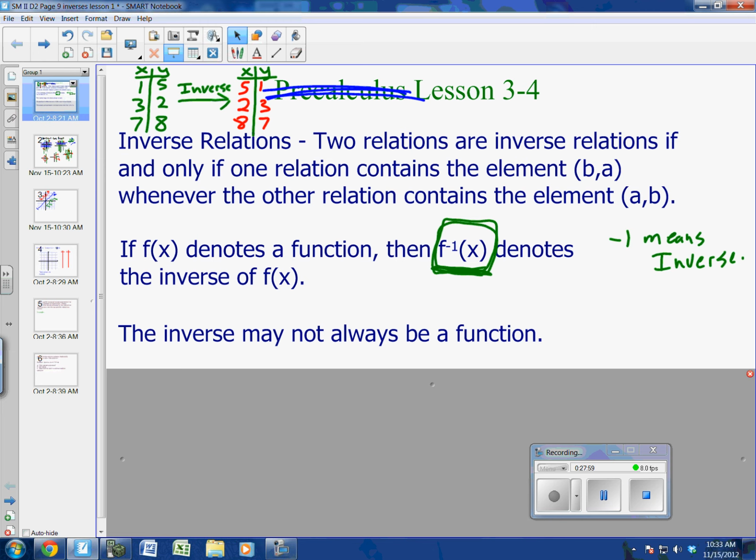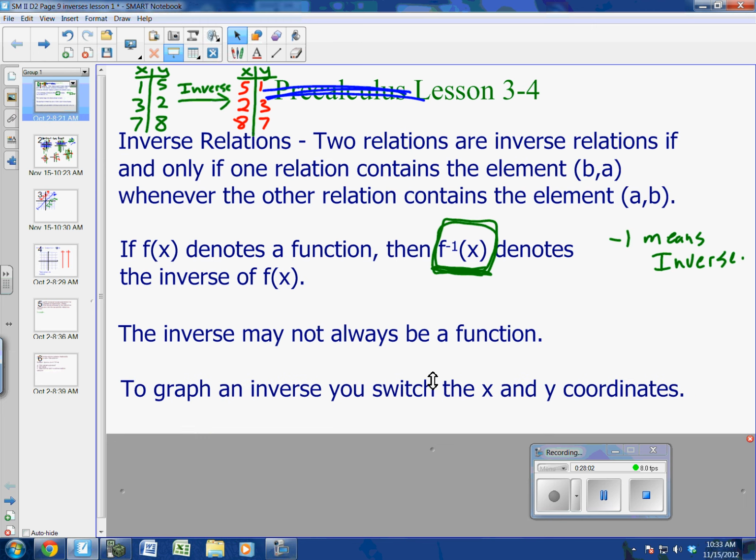And look right here. To graph an inverse, you switch the x and y coordinates. Did everybody write that down? Write it down.